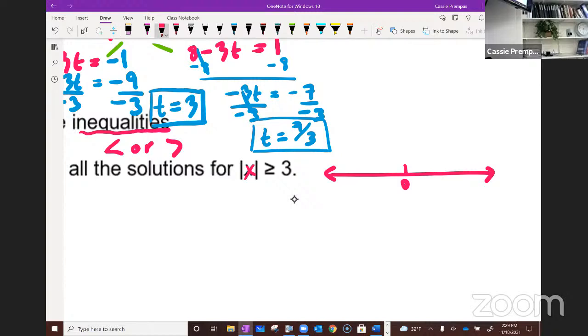All right, guys. Here's what I'm seeing. The easier way to think about this would be to start with the number like 3. 3 definitely works because the absolute value of 3 is 3. 4 definitely works because the absolute value of 4 is 4. 5 definitely works.